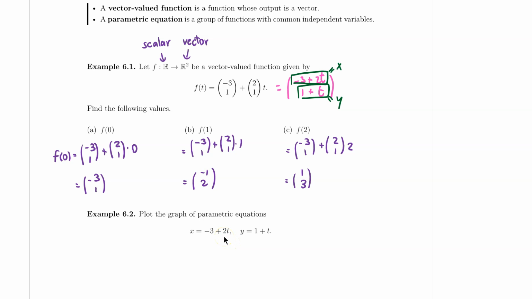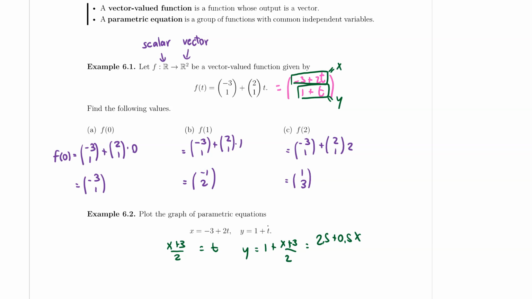If I manipulate my first equation, my t is going to be just x plus 3 over 2. Then I can substitute x plus 3 over 2 into this t here. So my y is going to be 1 plus x plus 3 over 2, and this is going to be 2.5 plus 0.5x.